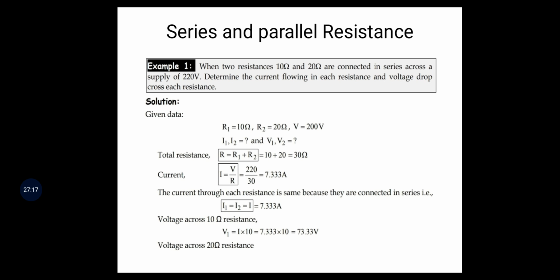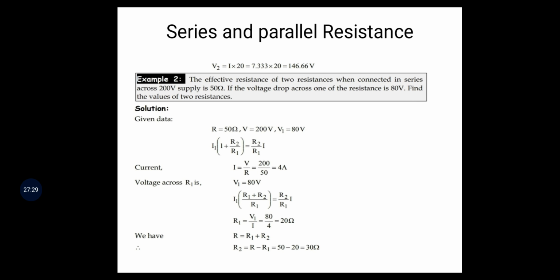Next, the voltage across the 20 ohm resistance is V2 equals I into 20, that is 7.33 into 20, which is 146.6 volts.